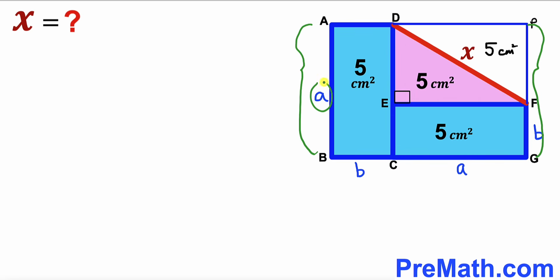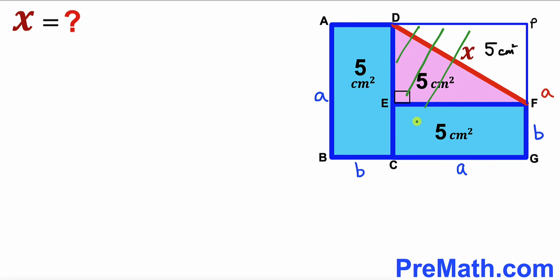If this is lowercase a, then this side length has got to be lowercase a as well. Now we are going to focus on this square CDPG, and we know this is a square because this side length is lowercase a and this other side length is lowercase a as well.